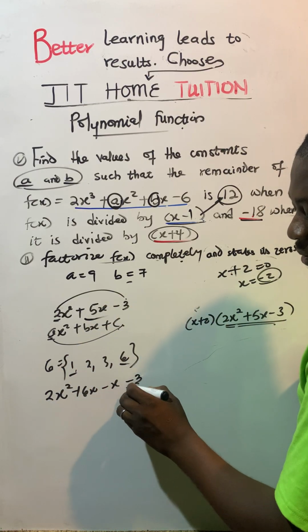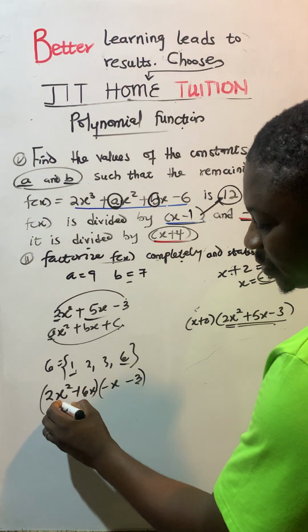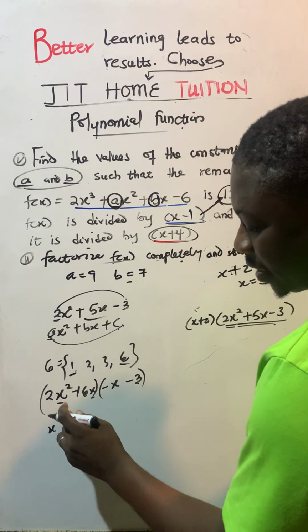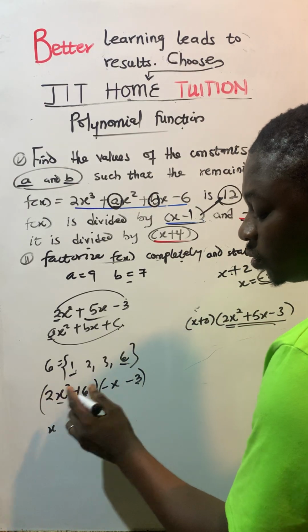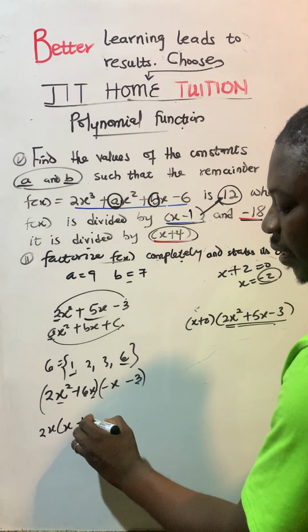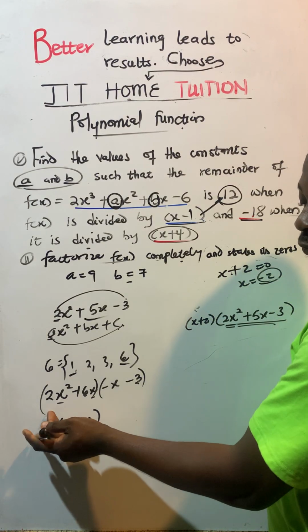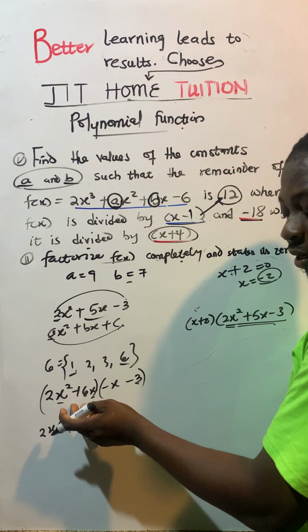Okay, minus 3. So you put the first 2 in brackets, the last 2 also in brackets. There's x here, x here. You factorize x out. 2 here, 6 here. Common, you have 2. So what will be here is x plus 3. So that if you want it back, 2x times x will give you 2x squared. Alright.